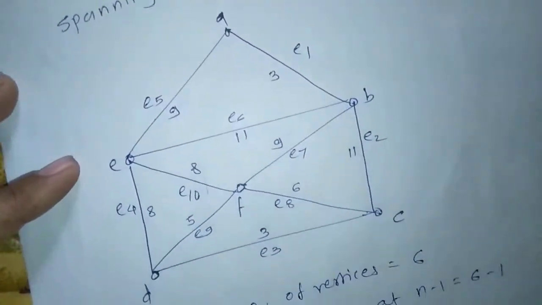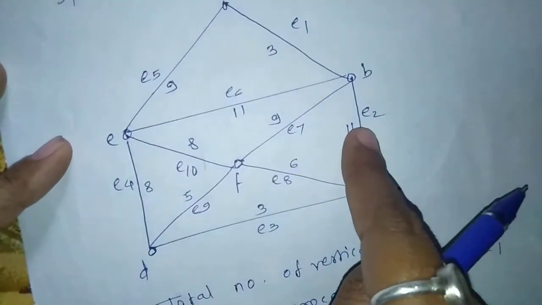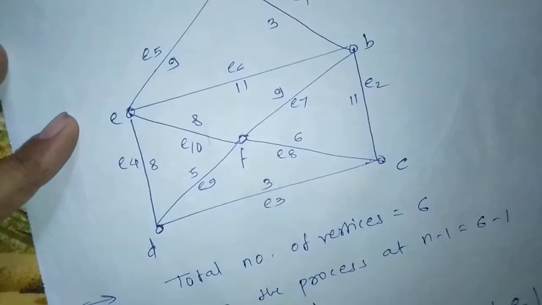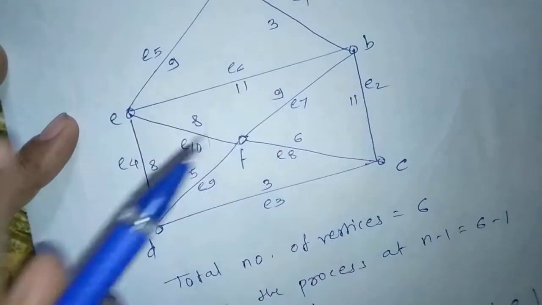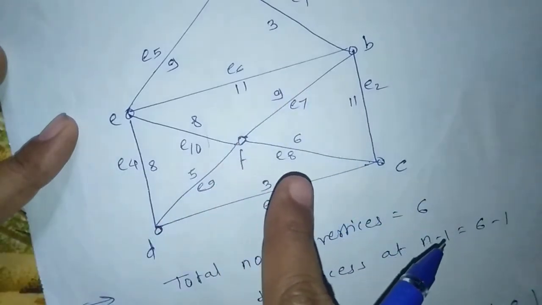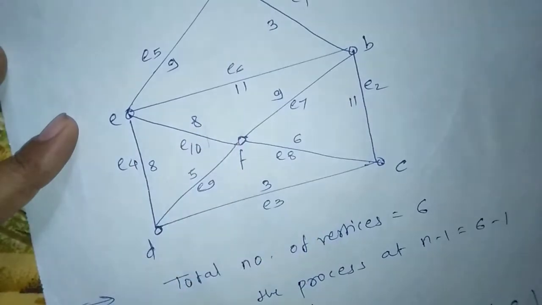Now E1 has weight 3, E2 has 11, E3 has 3, E4 has 8, E5 has 9, E6 has 11, E7 has 9, E8 has 6, E9 has 5, E10 has 8.